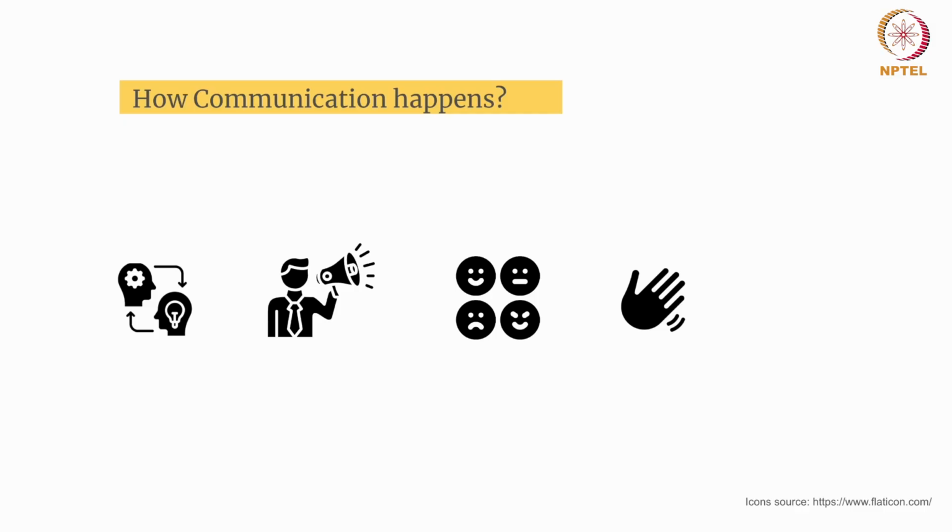So primarily, if we consider communication in our space, in our environment, most of the communication is happening through visual tools, visual mediums, which we have observed in our environment.